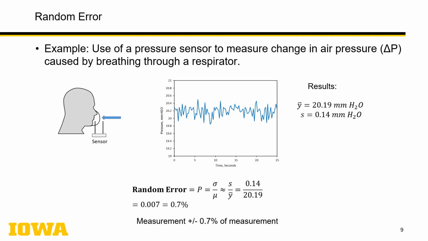Now this is getting at the random error, not the systematic error. The sensor was zeroed, as it's called, before making these measurements to ensure that when there is no pressure, it's giving a reading of 0 millimeters of water pressure. So the total error then is 0 plus 0.7%, which equals 0.7%.